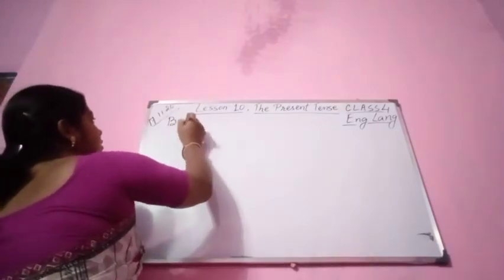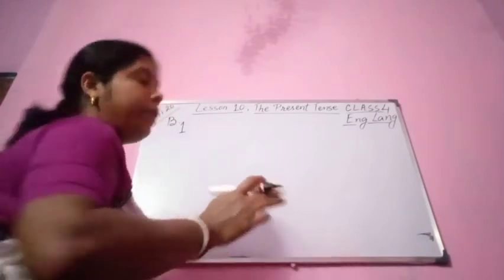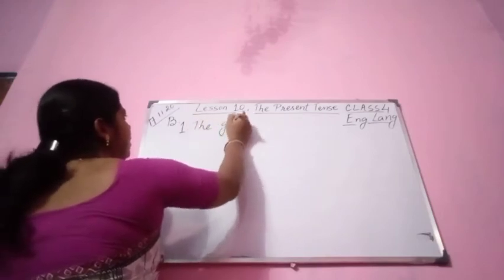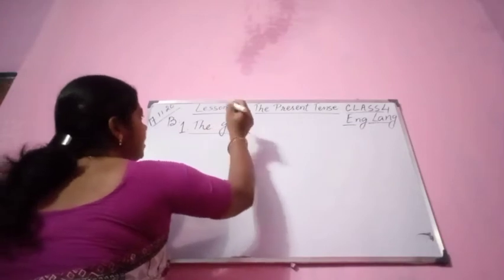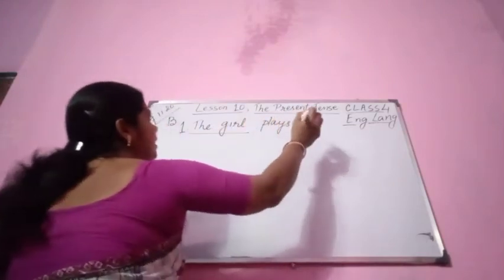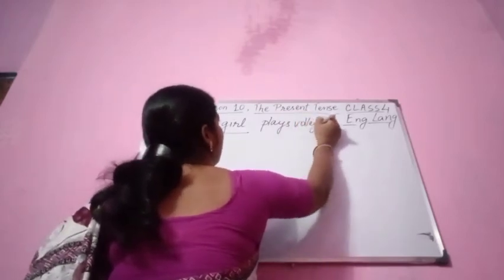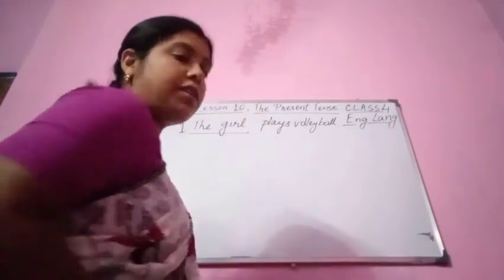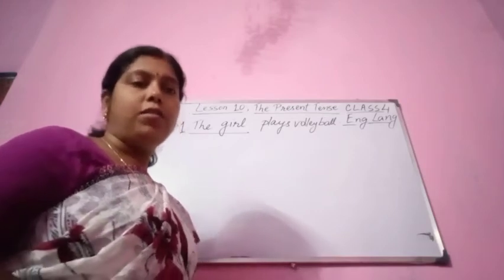You are going to write the statement as well as the answer. The girl plays volleyball. Here I am changing the subject, the girl. So naturally the verb will be plays volleyball.